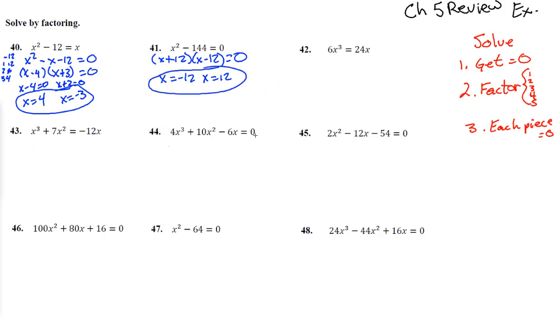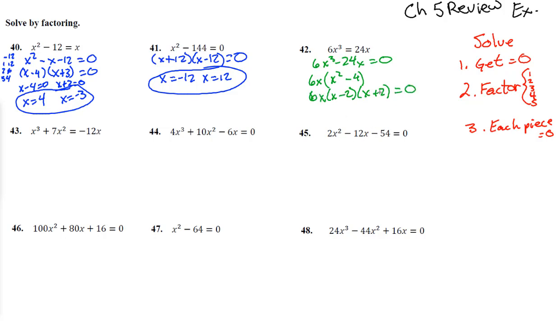Number 42. Get it equal to 0 first. So 6x cubed minus 24x equals 0. Good. Now we can factor it. Do we have a greatest common factor? We do. 6x comes out, and we're left with x squared minus 4. This is a difference of perfect squares, so we'll go even further, and this will be 6x times x minus 2 times x plus 2 equals 0.